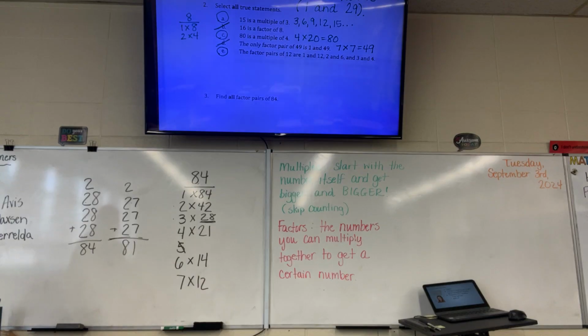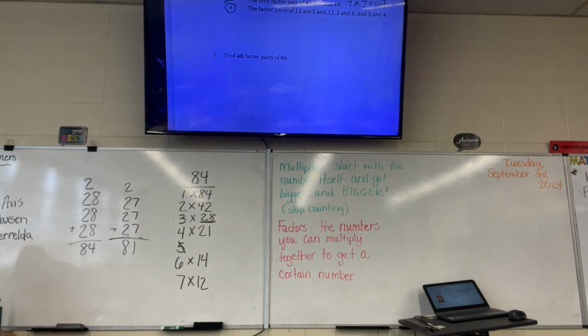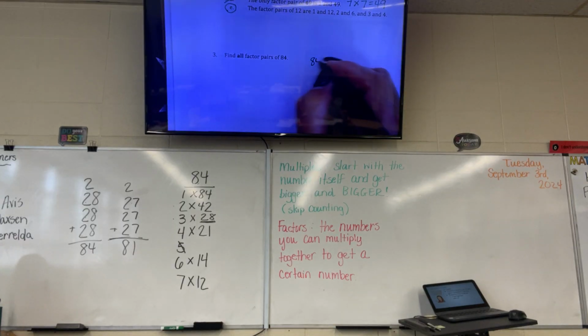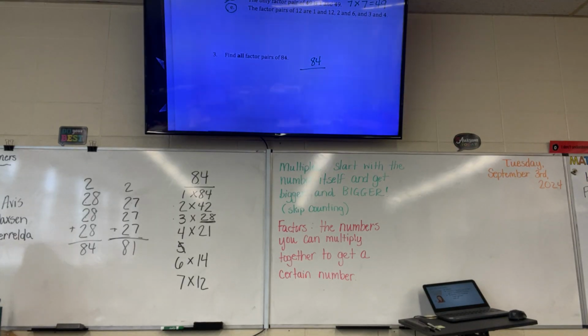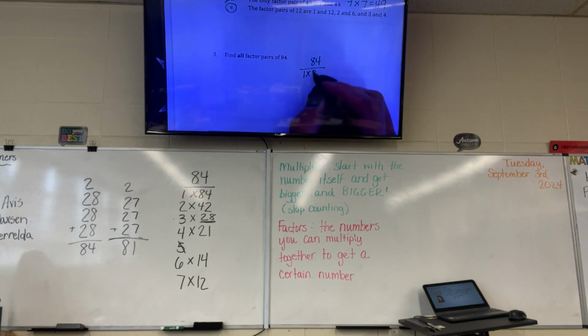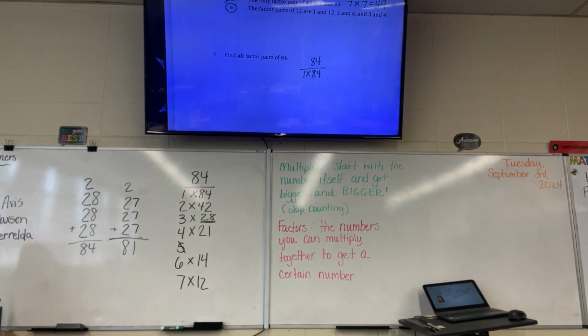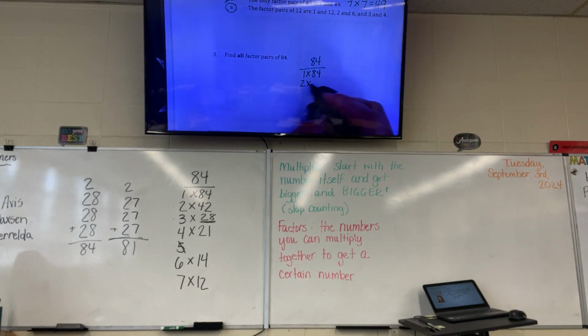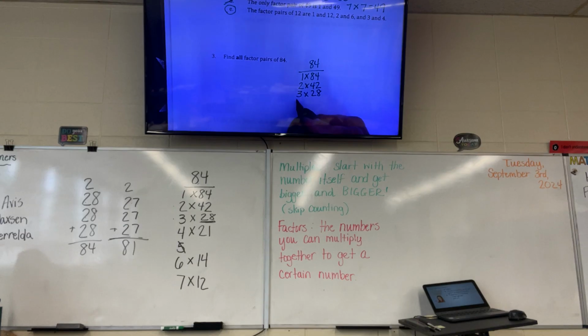Okay, so here are our factor pairs of 84. We've got to write them all down. 1 times 84. 2 times 42. 3 times 28. 4 times 21. 6 times 14.